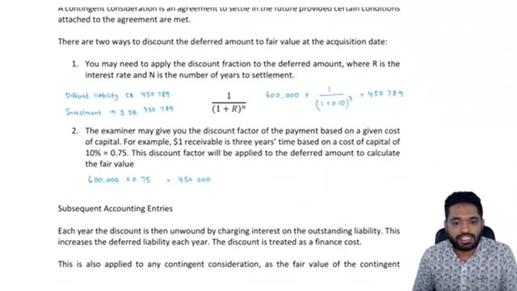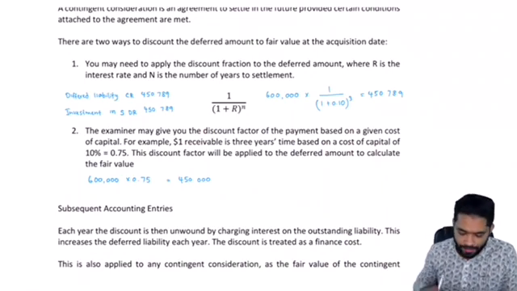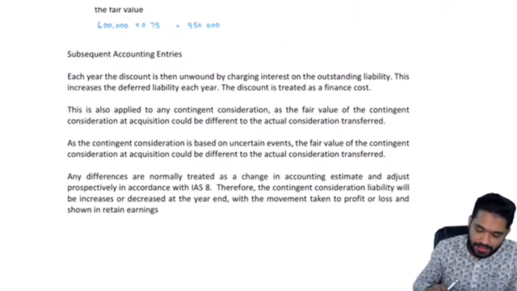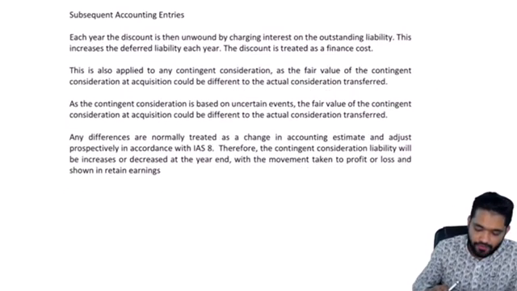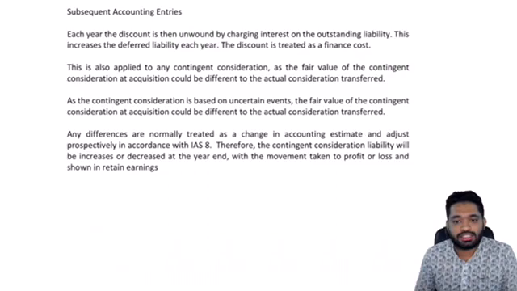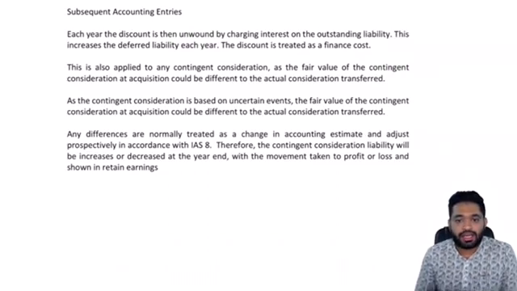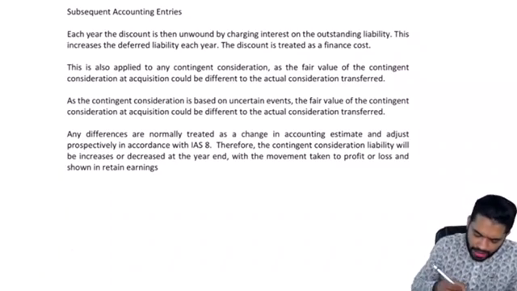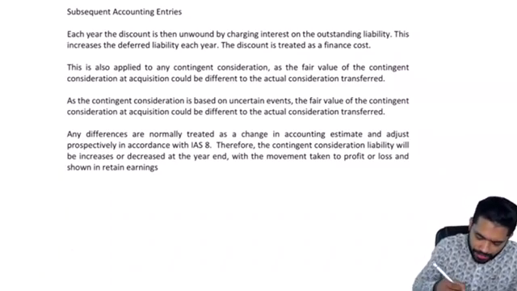Now this is the initial recognition. After this, you will be having your subsequent accounting entries. Now when you look at the subsequent accounting entries, we will be unwinding the discount of the outstanding liability. So let me show you how it works.